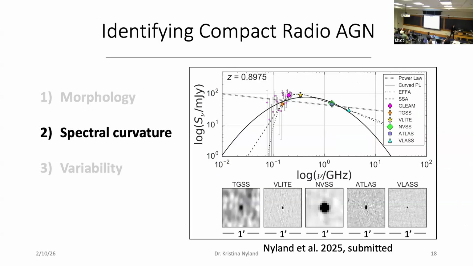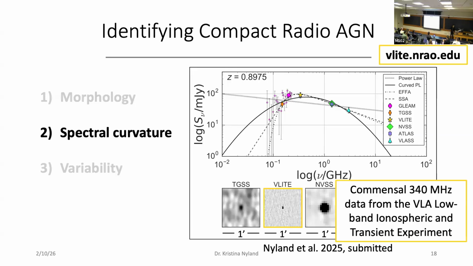So here's an example of starting with information from spectra, using that as a pre-selection. This is a source I recently, I forgot to update this. This is now published. But this is a source that I had initially found while I was working at NRL with a commensal instrument known as VLITE, the VLA Low-band Ionosphere and Transient Experiment.